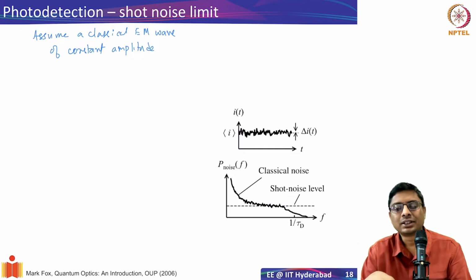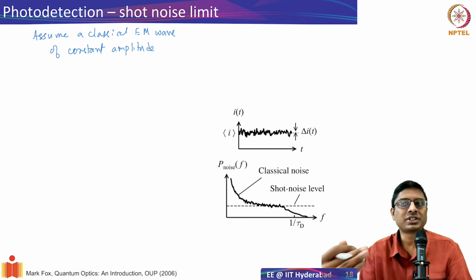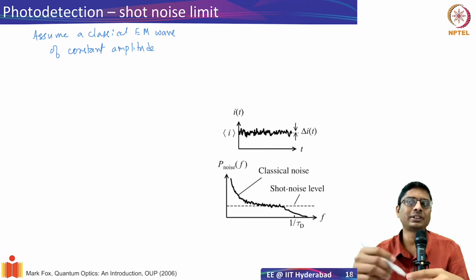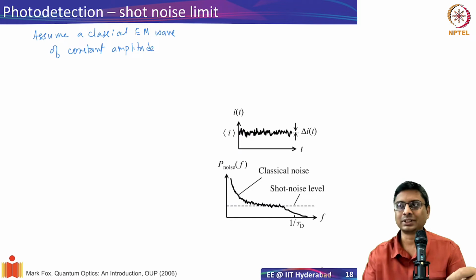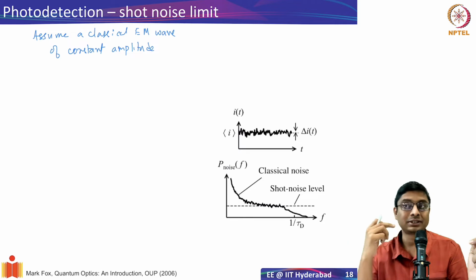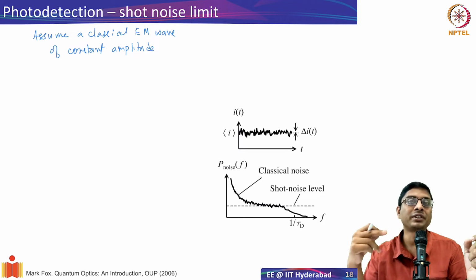So you are depositing some energy into the photodetector, and that energy causes the electron hole pairs, the photoelectrons, to be generated, right? So first you have the EM wave incident, then it interacts with the material and generates electron hole pairs, and then they will separate and it gives the current. That is a photodetection process, right? So now if you consider this, the probability of generating a photoelectron in response to an incident field is itself Poissonian.